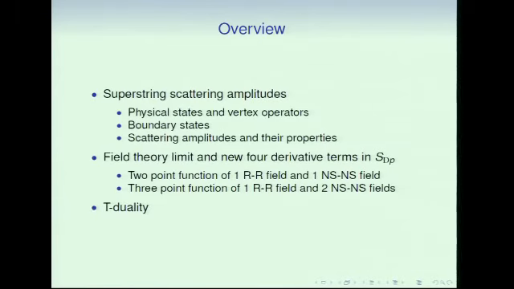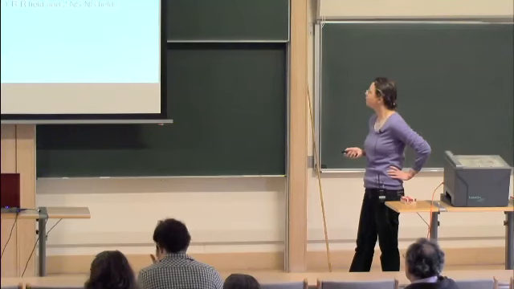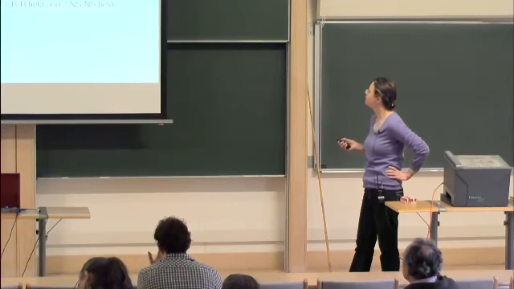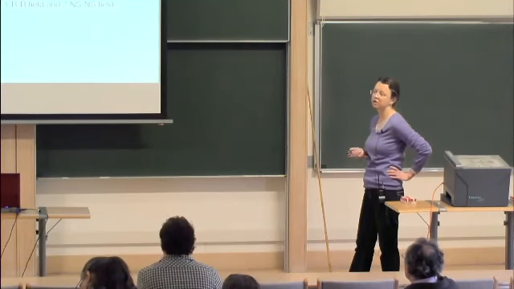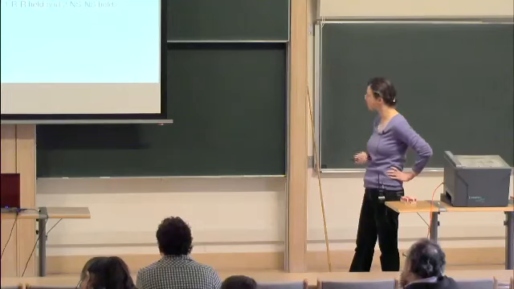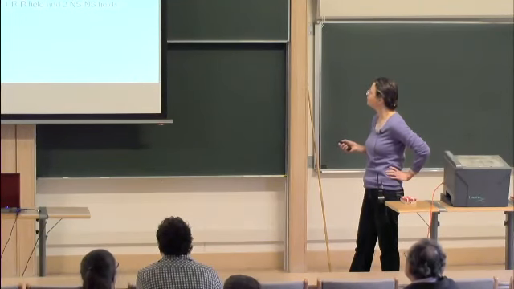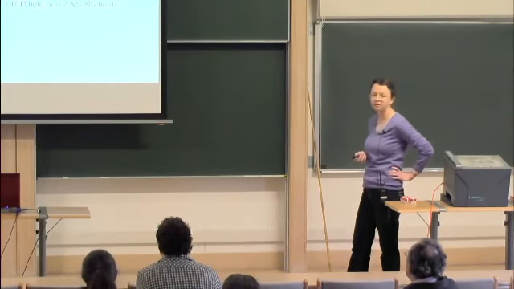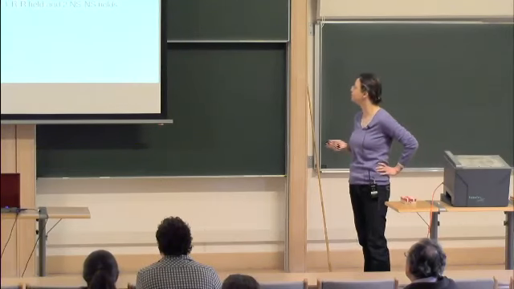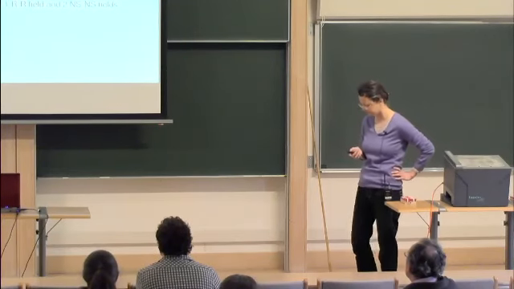And I will also mention a 3-point function of one Ramond-Ramond field and 2 NS-NS fields. Once we have these objects, we want to take the field theory limit, so a small momentum basically, and then we are going to extract the new interactions on the D-brane volume. And then I'm going to explain how these new interactions are needed to restore consistency of the D-brane effective action.